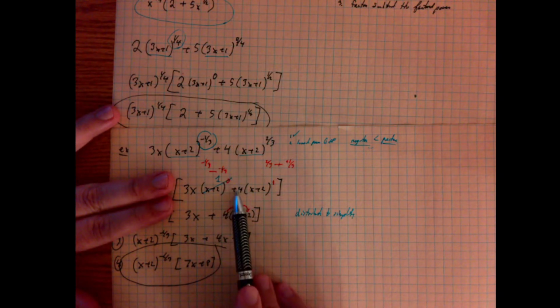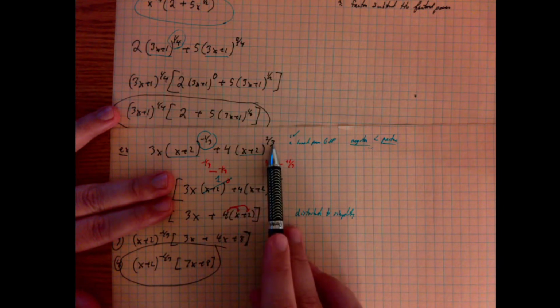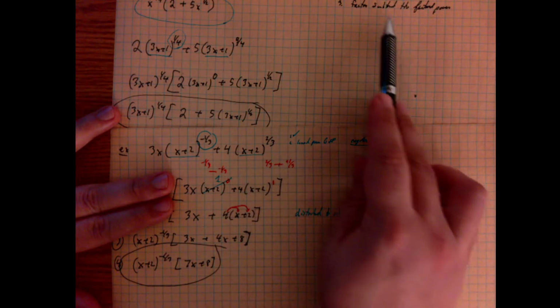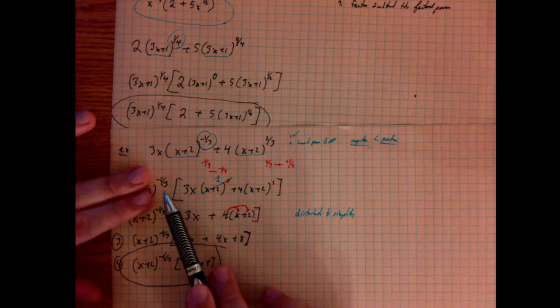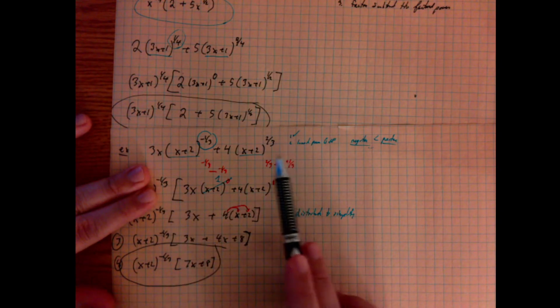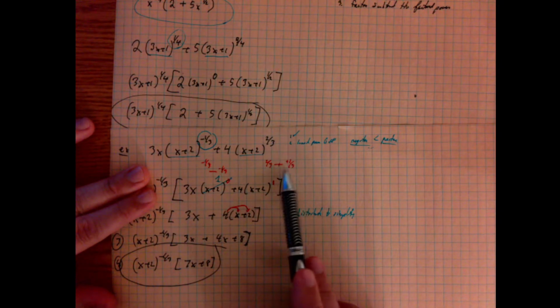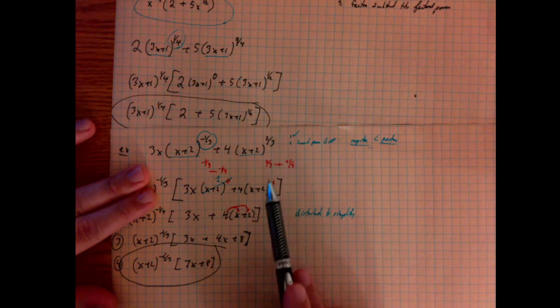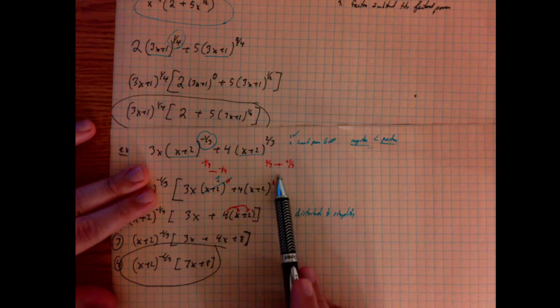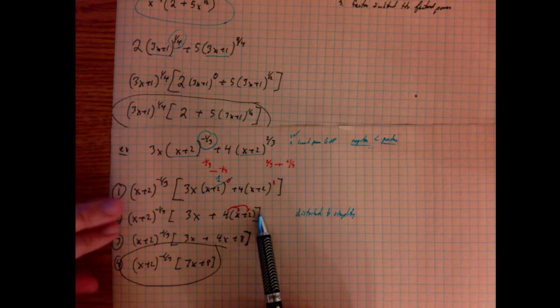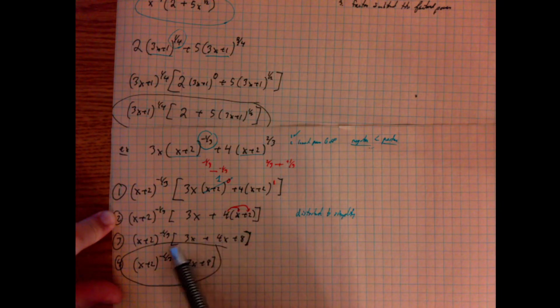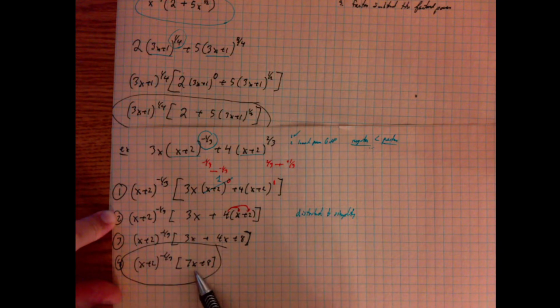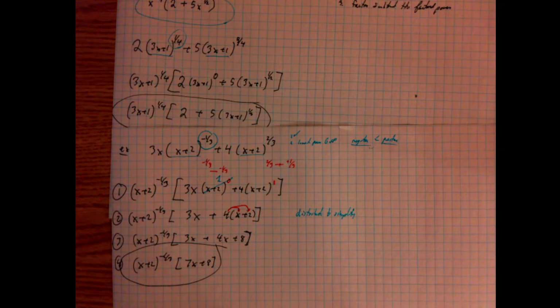Over here, the 4 stays. And as for 2/3, remember, you're subtracting the power we're taking out. The power we're taking out is the negative 1/3. 2/3 minus negative 1/3 becomes plus. 2/3 plus 1/3 becomes 1, and powers of 1 disappear, giving us line 2. We then distribute for line 3 and simplify to get to our end result. This is the constant flow of these kinds of problems.